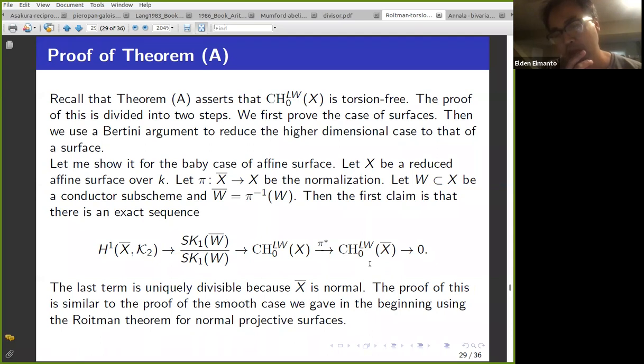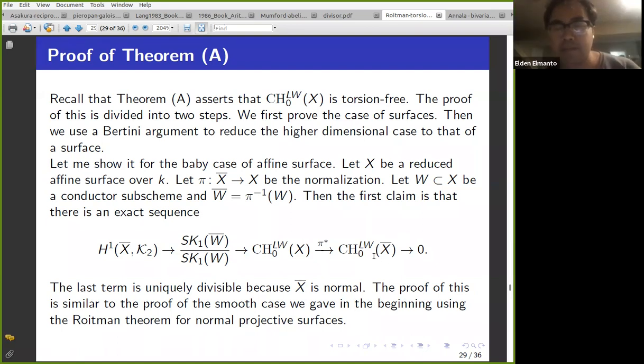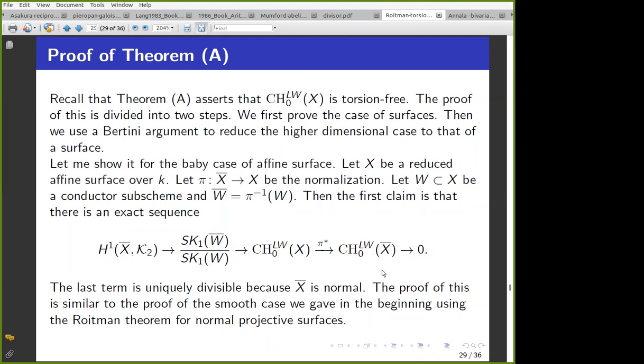Even though the torsion theorem is not true for a higher dimensional normal variety, it is true for a normal surface. That's what you're saying, the projective version of the torsion theorem. Yes, the projective version is true for normal surfaces, and I use that very crucially. But is the Roitman torsion theorem not true for higher dimensional normal varieties? It's true for normal projective varieties.